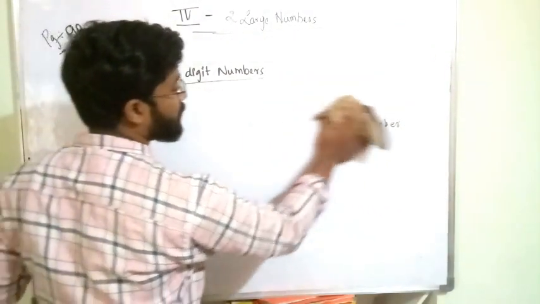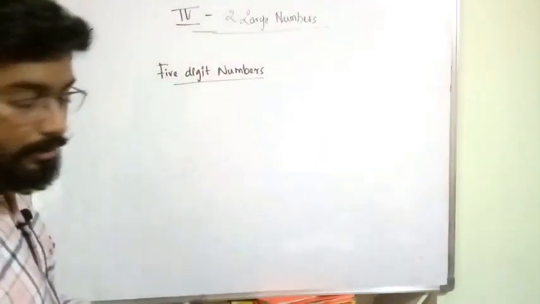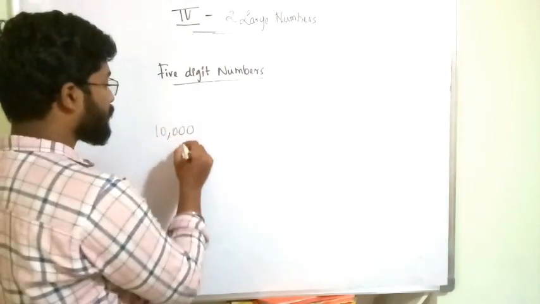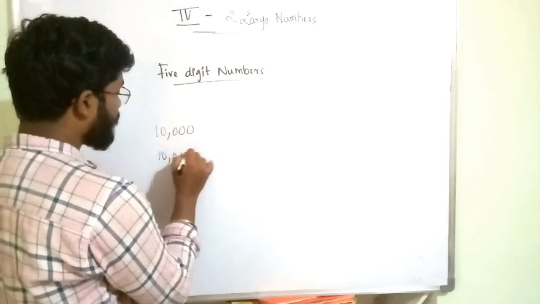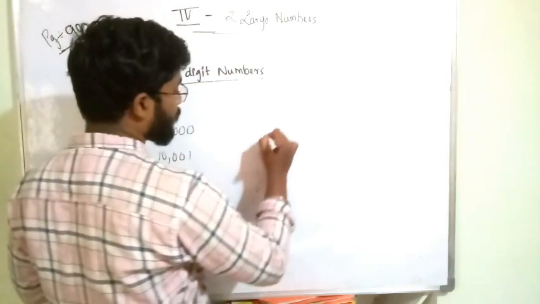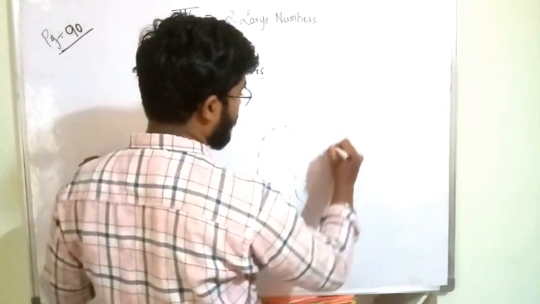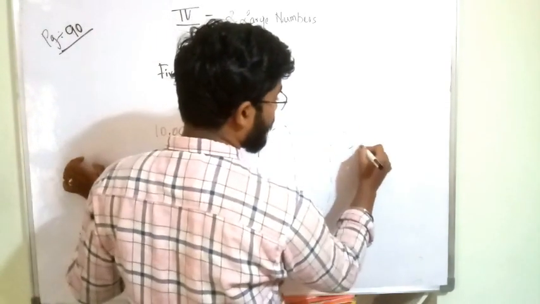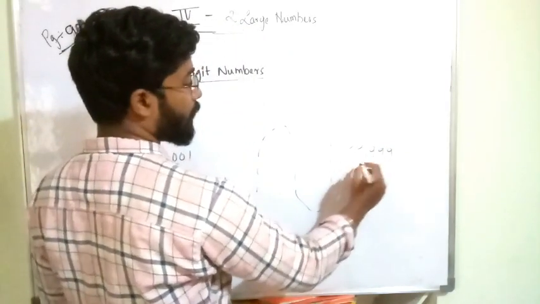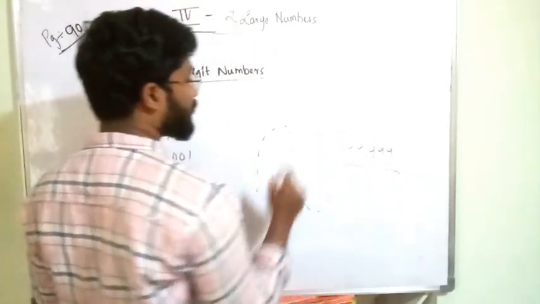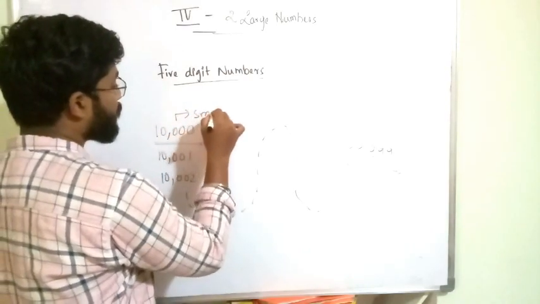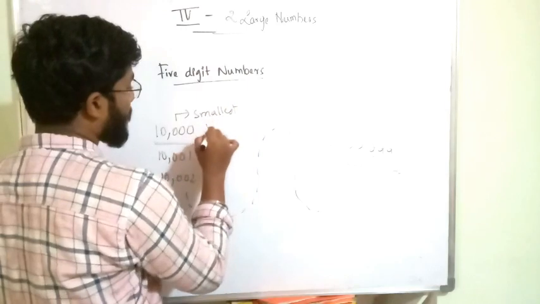So up to which number will you have 5 digits? Starting from 10,000, 10,001, 10,002, like that. The 5-digit numbers will end at where? 99,999. 1, 2, 3, 4, 5. Here the 5-digit numbers will end. Here they will start. This is the smallest 5-digit number.